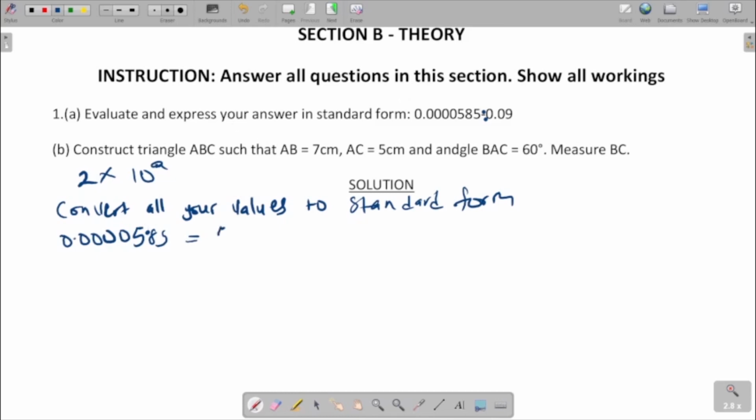So this is what we want to have: 5.85 times 10 raised to the power something, which we are here to derive now.